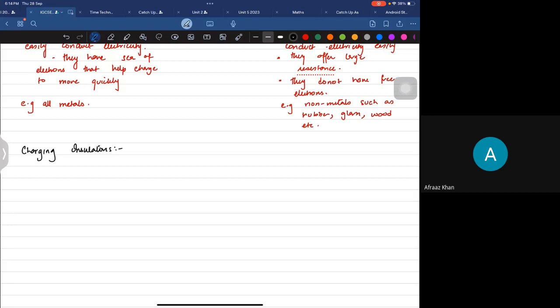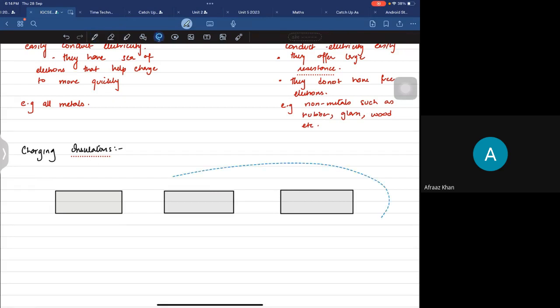So insulators, basically, if we draw them like this, there could be three conditions for them, like that. Let me just copy this, put it in another line.